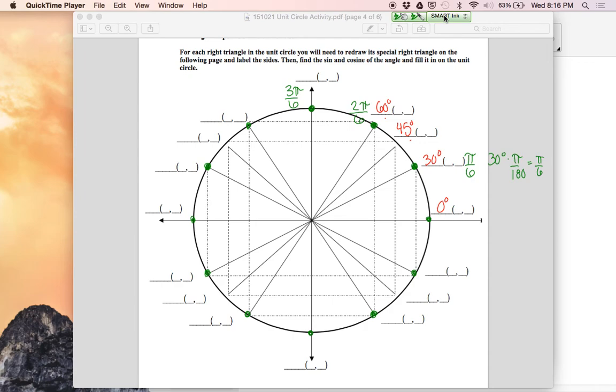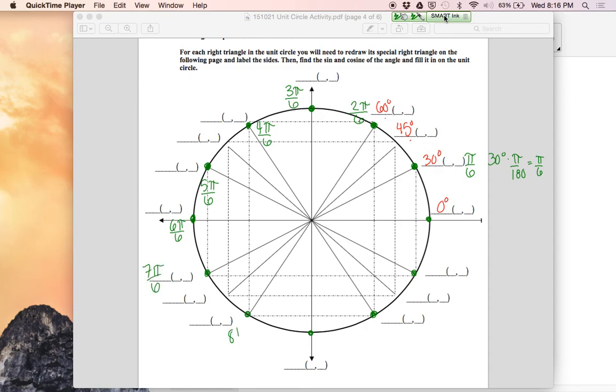Okay, we've got two ways to measure angles, degrees and radians. So 1 pi over 6, 2 pi over 6, 3 pi over 6. When I get here, now I'm at 4 pi over 6. And now here this is 5 pi over 6. And this guy is 6 pi over 6. And then 7 pi over 6.